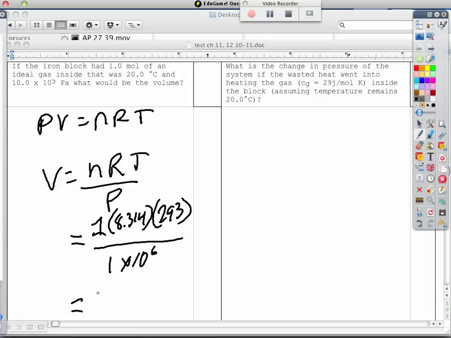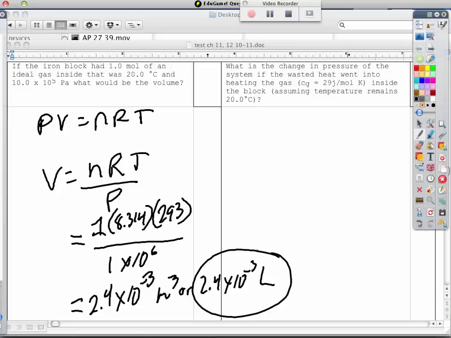So this is around 300, so 8 times that is around 2,400. So you get something like 2.4 times 10 to the minus 3 cubic meters. Or, based on the numbers, you'd actually get 2.4 times 10 to the minus 3 liters, because I think 8.314 is liter atmospheres or something like that. Liter pascals, I don't know.